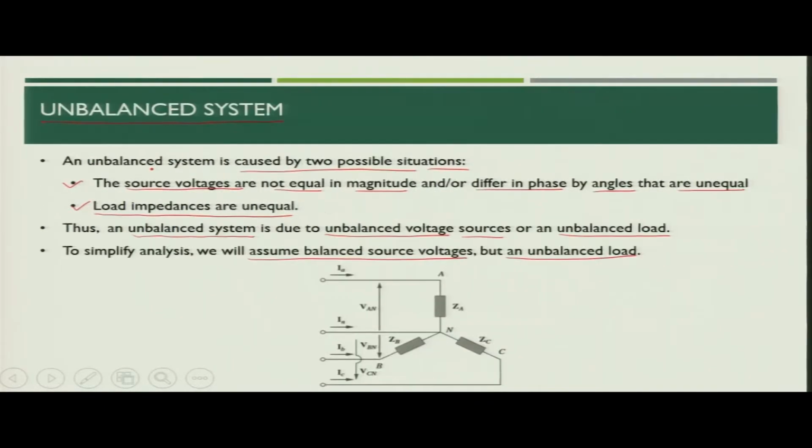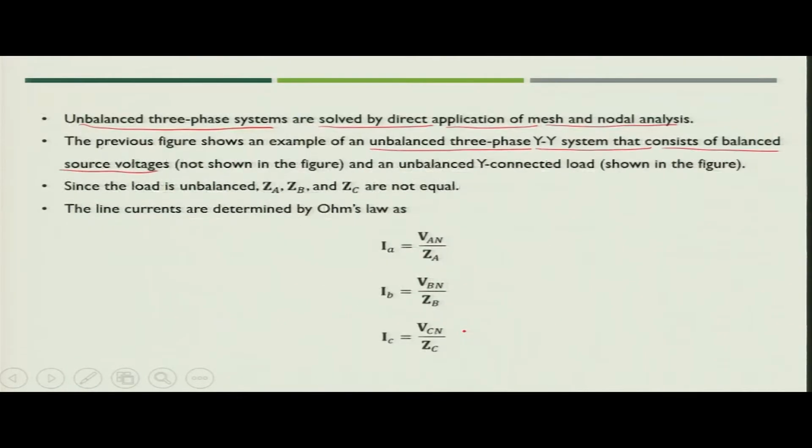The balanced source is behind the nodes which we are seeing, so we are not showing it in the figure, since our objective is to analyze the circuit by assuming unbalanced load. Here, Z A, Z B, Z C are the phase impedances which are not equal.